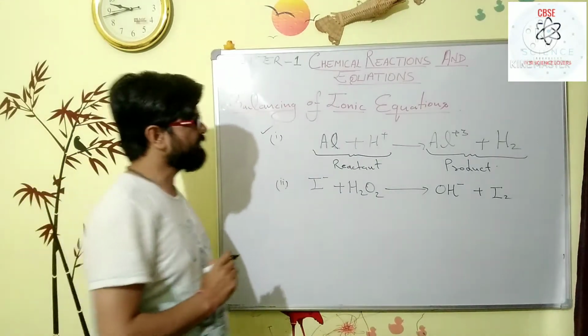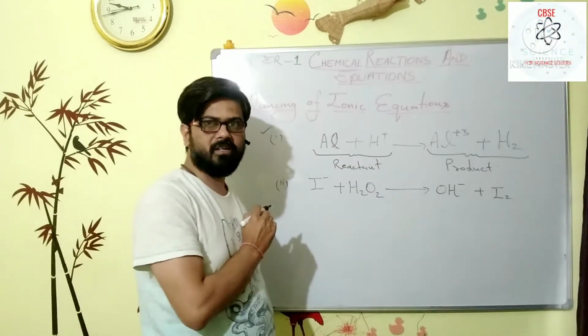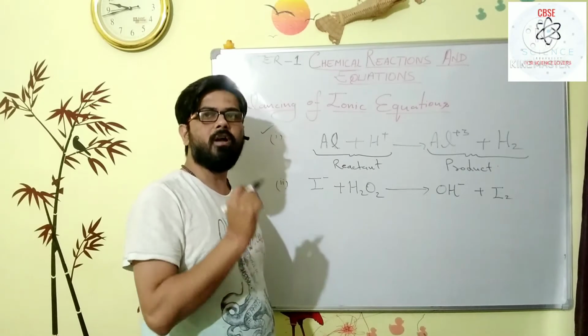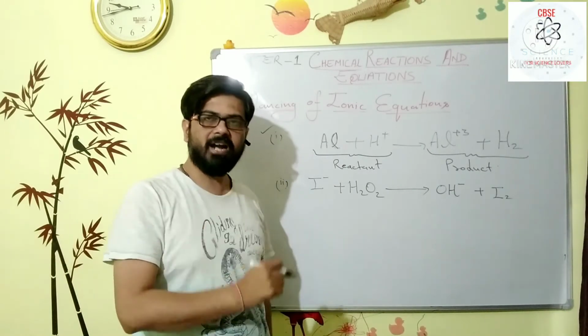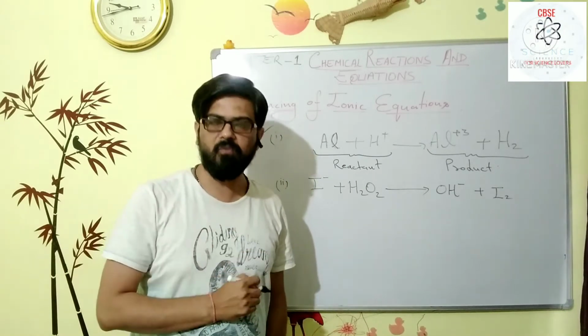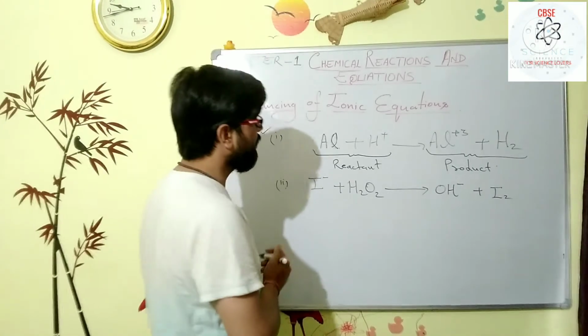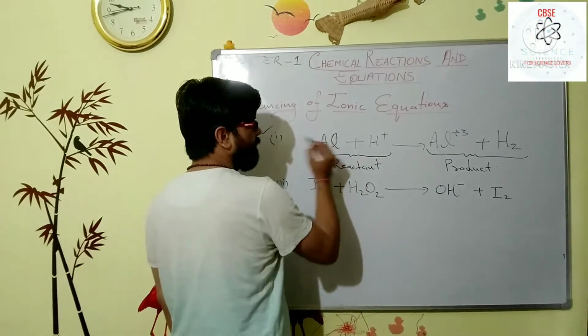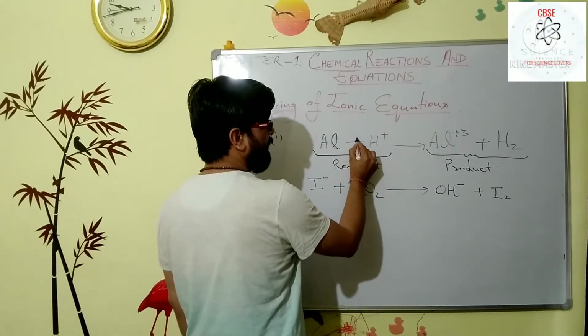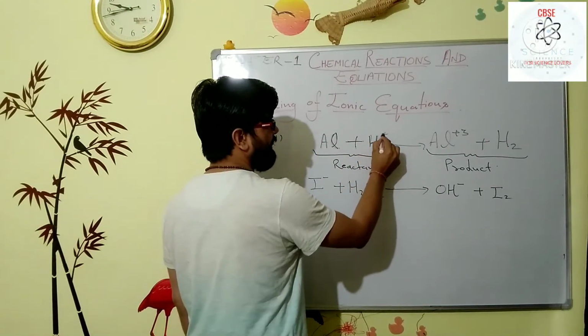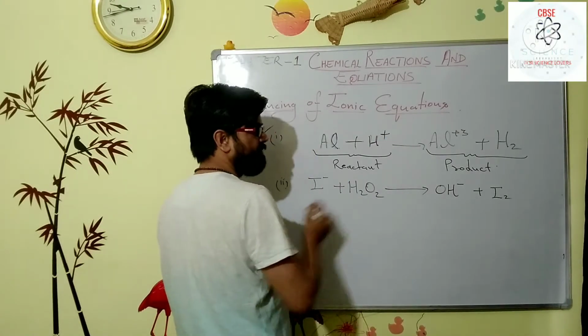Let's see, in this equation we have to balance the charge also, along with the number of particles of different elements. See here, aluminium reacts with hydrogen ion, one positive ion.